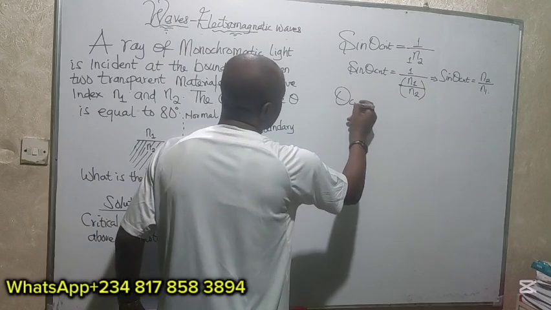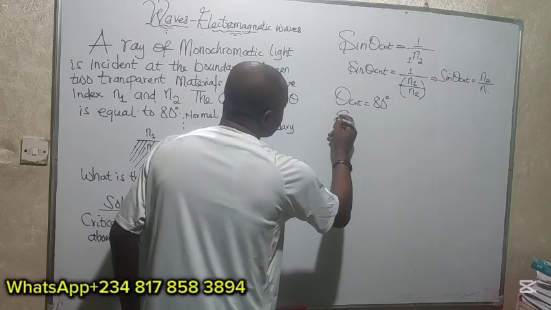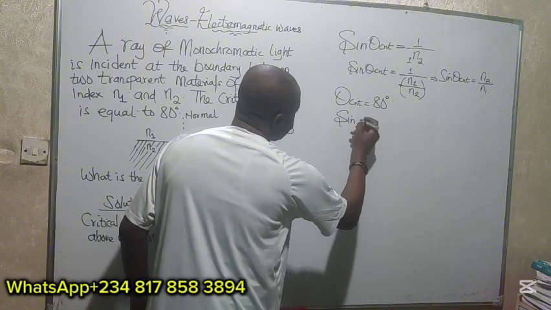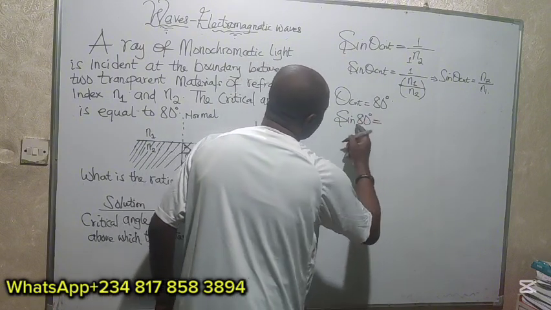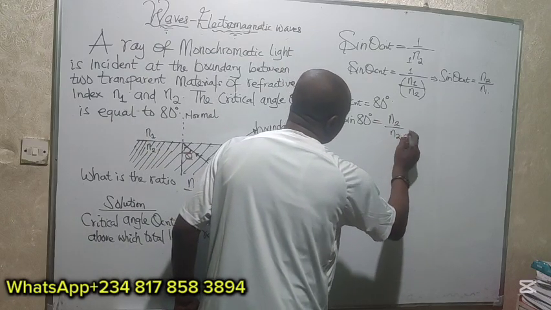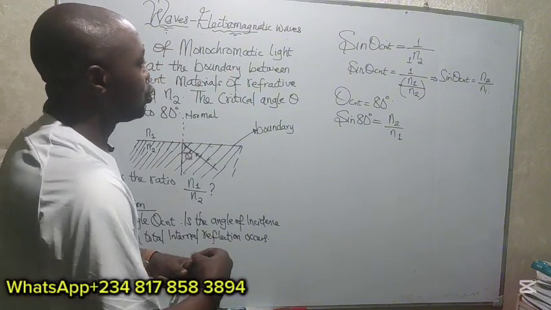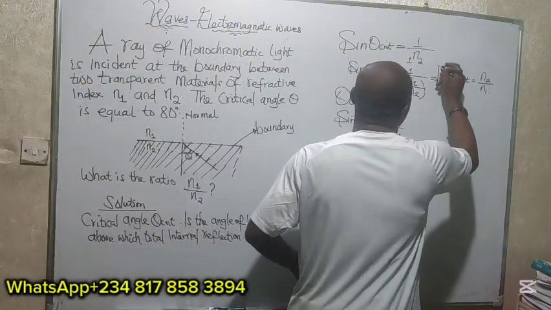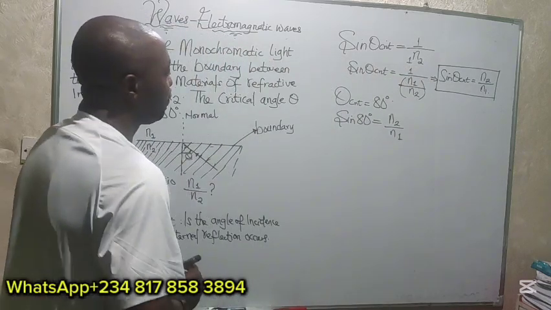Remember, we are given the critical angle to be 80 degrees. So we have sine of 80 degrees equals N2 over N1. Don't forget, this is the formula for critical angle.